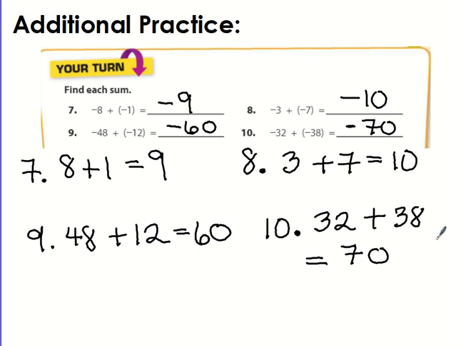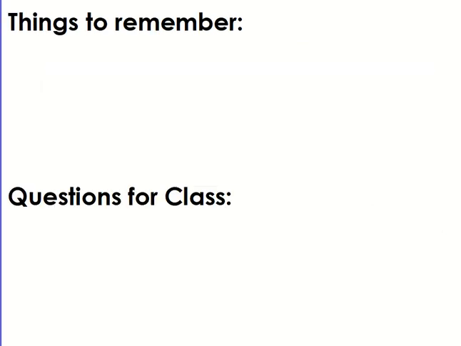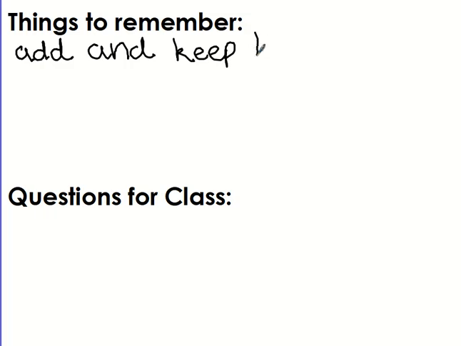All right, so that's our rule. Add them together, keep the sign they were. Okay, so things to remember: just add and keep the sign is kind of a shortened way of that rule.